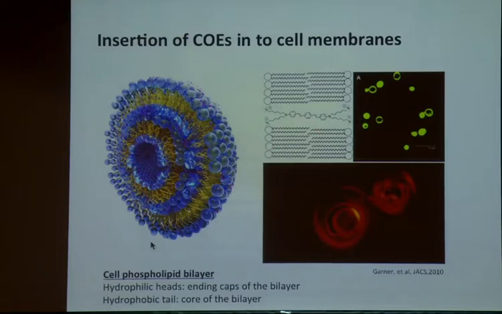This image shows that the COEs have been successfully integrated into yeast cell membranes as well as lipid bilayer vesicles. Those images were taken with a polarized excitation light source. If you take a detailed look at the images, you will see stronger and weaker emission profiles.